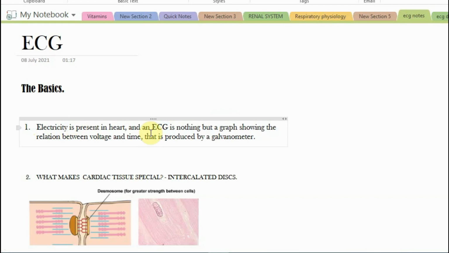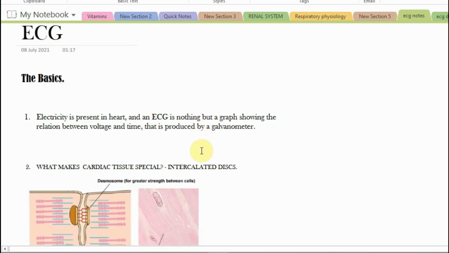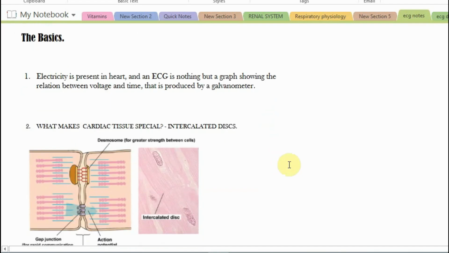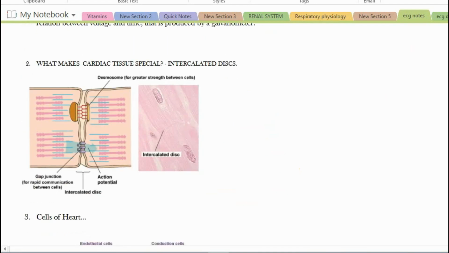So now if we simply define it, an ECG is nothing but a galvanometer reading of this electrical activity of the heart. Now, what makes the heart tissue special? Of course, the heart is a muscular tissue, but what makes this cardiac tissue different or unique from the other muscular tissue, particularly your skeletal tissue or your smooth muscle tissue? It's the presence of the intercalated discs.